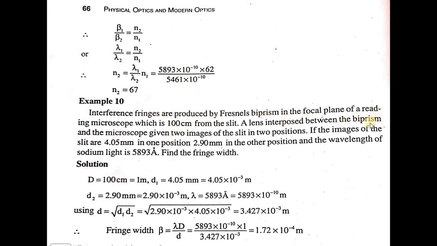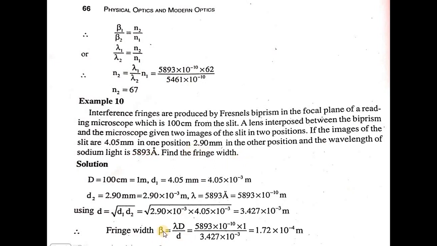A lens is placed between the biprism and the microscope such that we get two positions of the lens, so as to get the distance between the real images of the slit as 4.05 millimeter and 2.90 millimeter. That we have discussed, the d1 position and d2 position. The wavelength of light is given and we have to find out the fringe width.